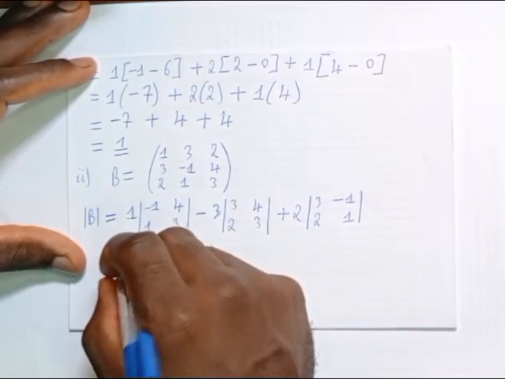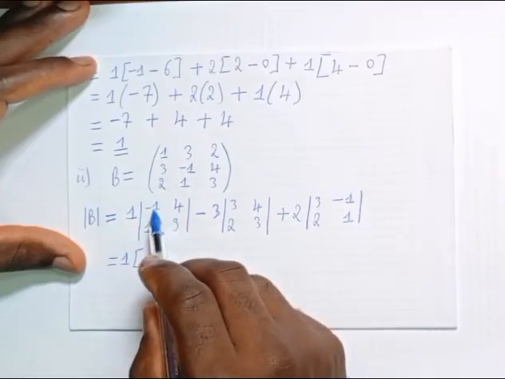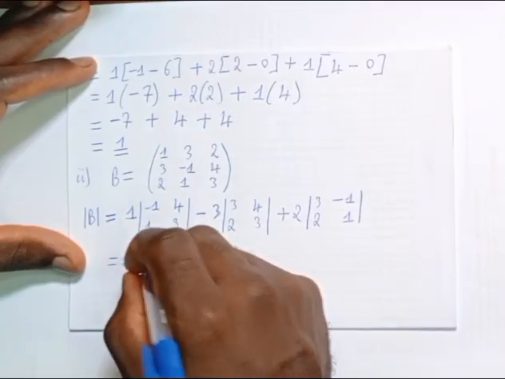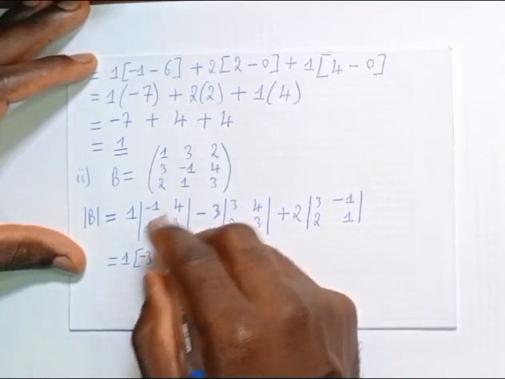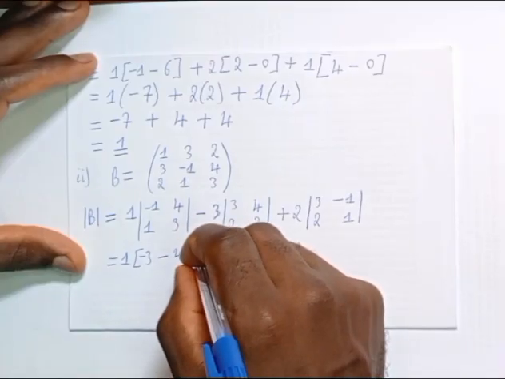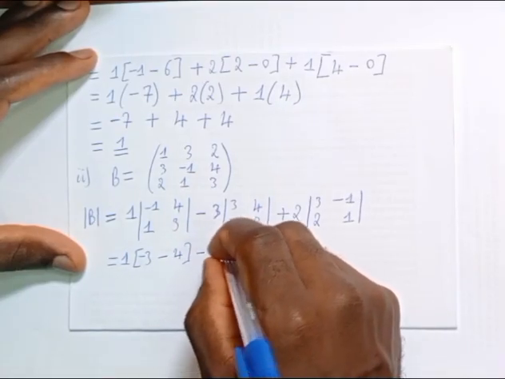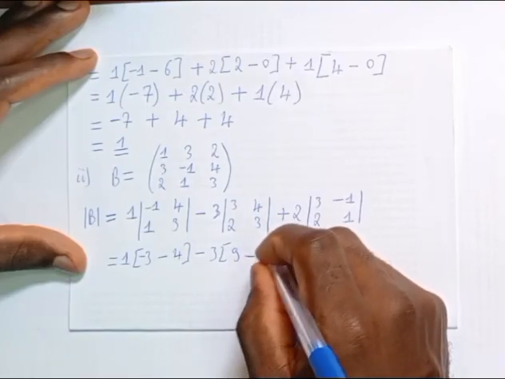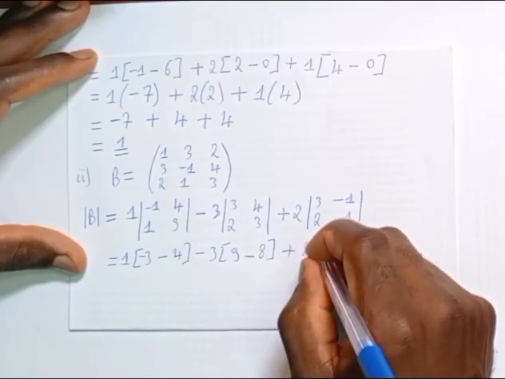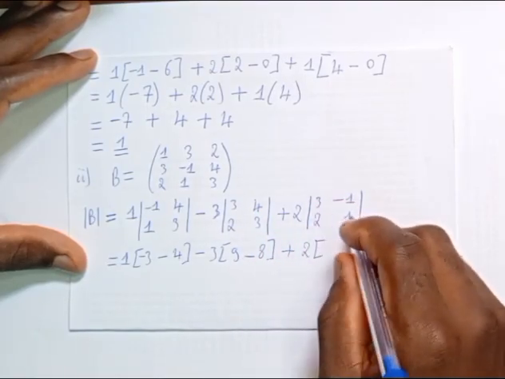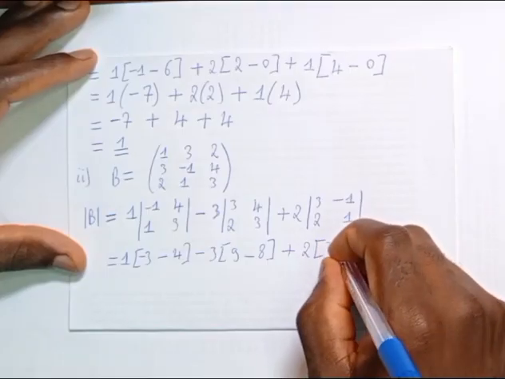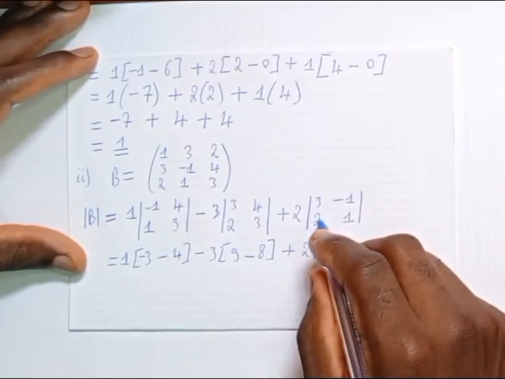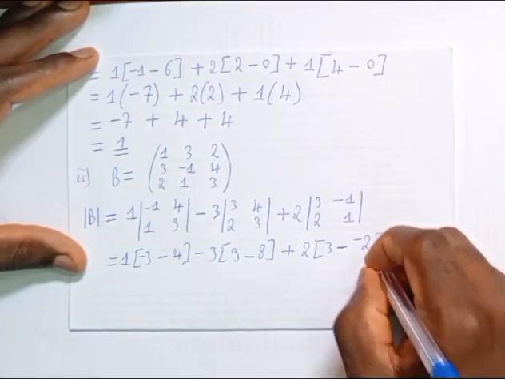This will simply be equal to 1 times negative 1 times 3 gives us negative 3, minus 4 times 1, which is 4, minus 3 times 3, which is 9, minus 4 times 2, which is 8, plus 2 times 3 times 1, which is 3, minus negative 1 times 2, which is negative 2.